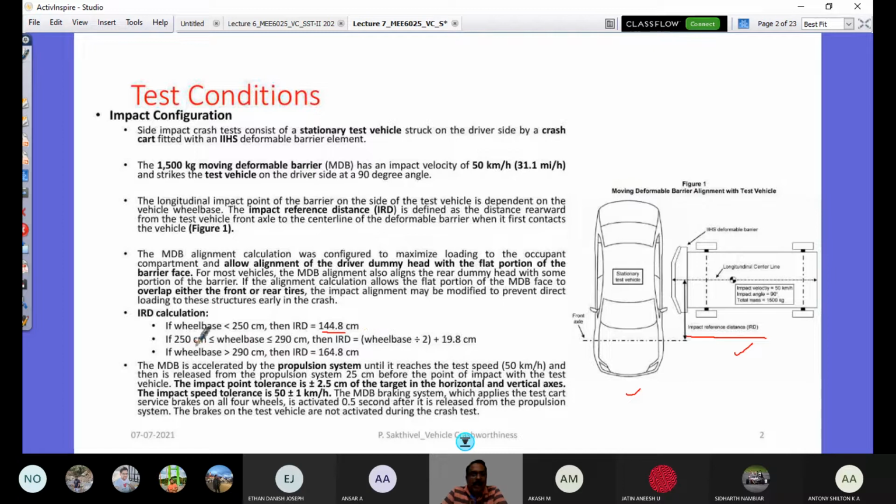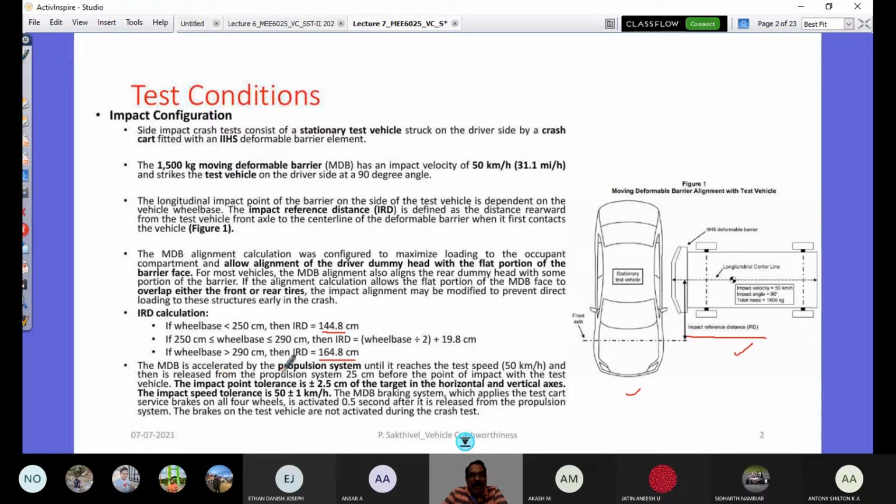If it is between 250 centimeter and 290 centimeter, then the calculation is the wheelbase divided by 2 plus 19.8 centimeter. If it is greater than 290 centimeter, then this distance is 164.8 centimeter. This is an important IRD calculation, and it decides the variant of the side impact barrier test depending upon the vehicle wheelbase.